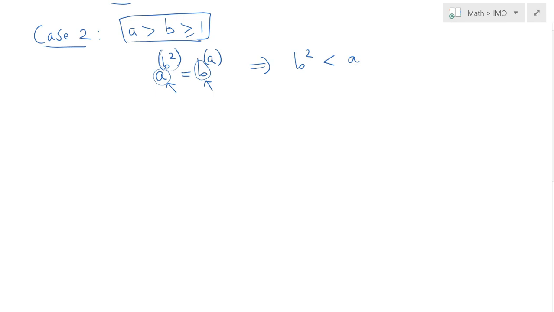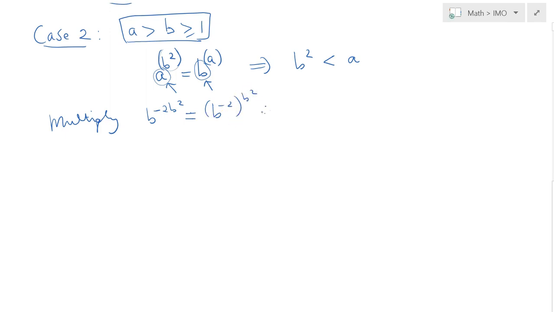So therefore, if I further multiply both sides of this expression by b to the power minus 2b squared, the left hand side becomes, because they have a, this expression, by the way, that we are multiplying is the same as b to the power minus 2b squared.